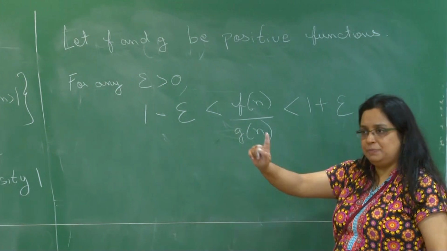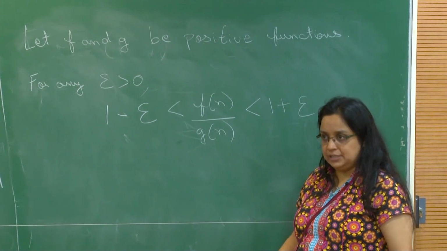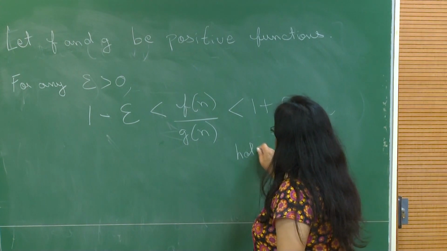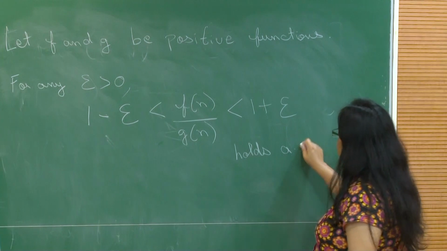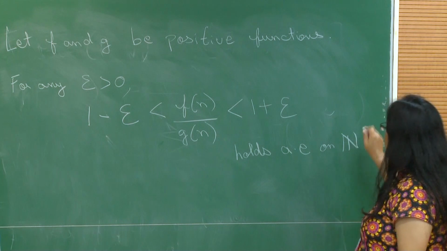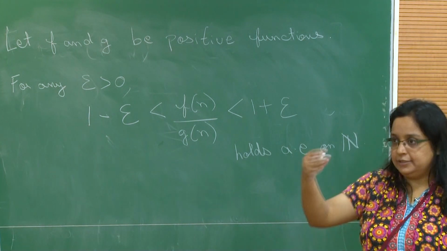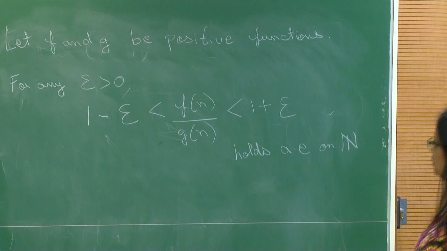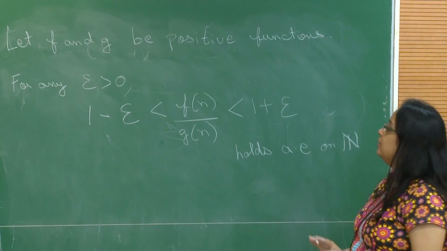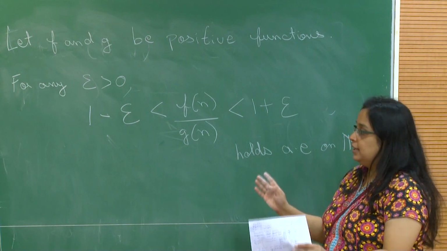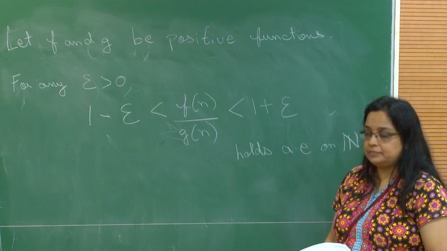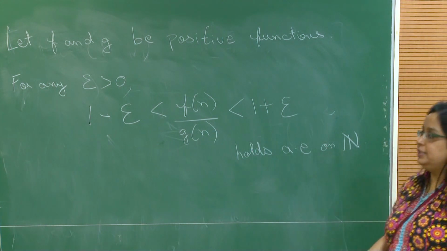Whatever epsilon is, it could be very, very close to 0, this holds almost everywhere on n. There are different ways of saying the same thing. So, the values of f and g for almost all the natural numbers get clubbed very, very close to 1.